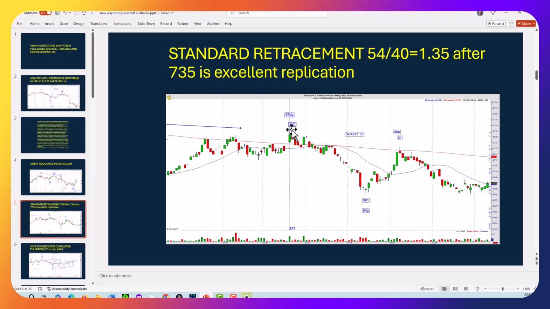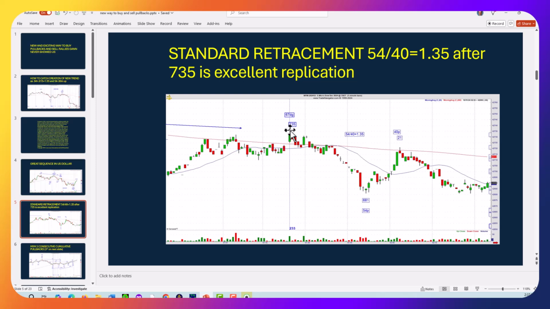And just for kicks and giggles, 40 and 54 is a 74% retracement. Could we make a stretch and say that 735 is part of a 74 vibration?